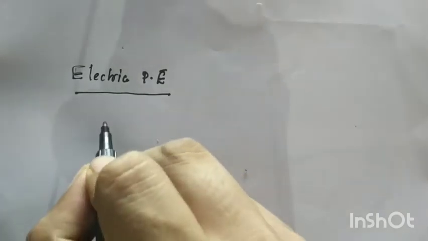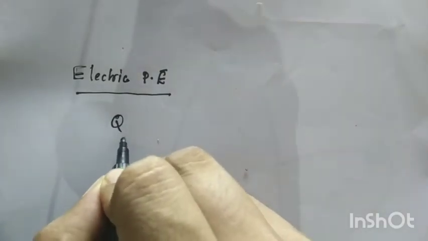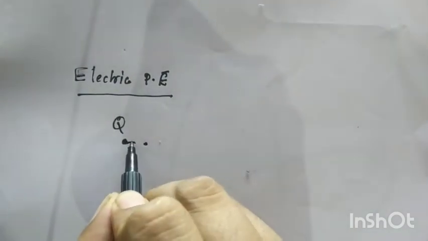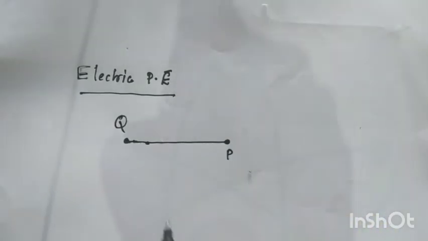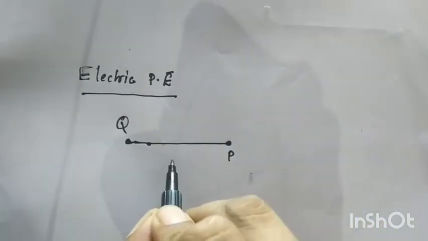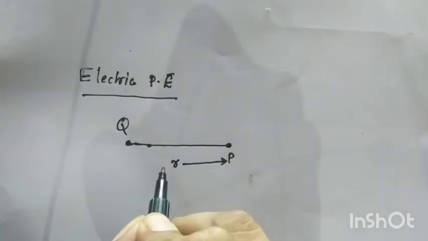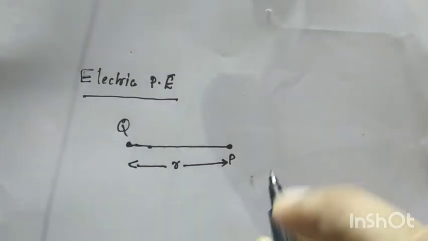So, we know that electric potential energy is the work done to bring a unit test charge from infinity to a point against the electric field. That means, suppose the charge Q is placed at this location, and in the electric field of this charge Q, let P be a point at a distance R from the charge.